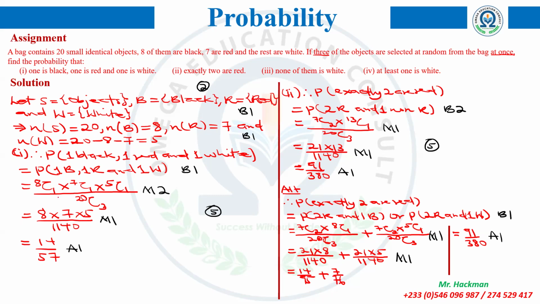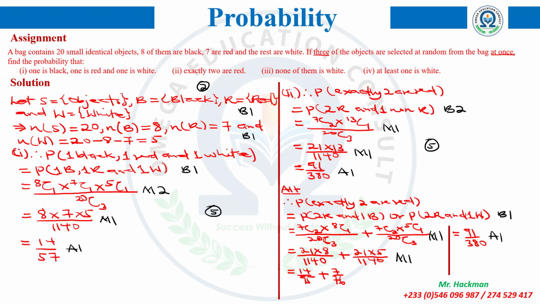At this point, you use your calculator, or your head. You should know any number combination 1 will give us the number itself. So this will give us 8, this will give us 7, and this will give us 5. However, there will be a denominator, which will be your total combination 3, the total number of objects combination the number of objects that you are selecting. On that note, you should be able to continue from here.